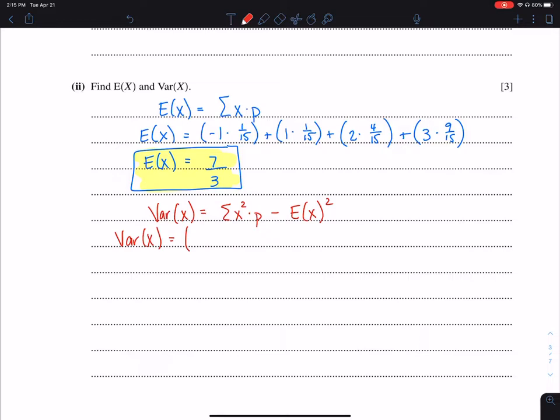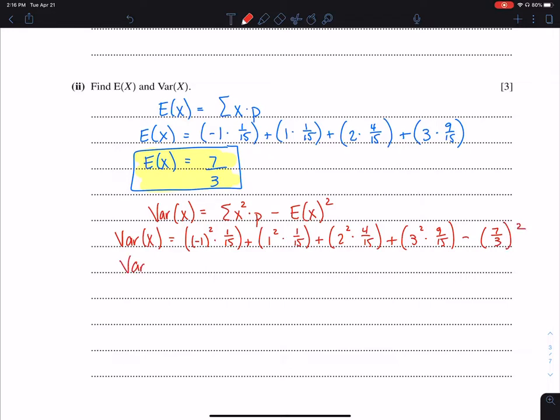So the first one, we've got -1 squared times the probability of 1/15 plus +1 squared times 1/15 and so forth. 2 squared times 4/15 plus 3 squared times 9/15 minus your expected value, 7/3 squared.